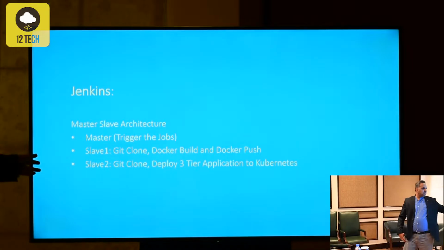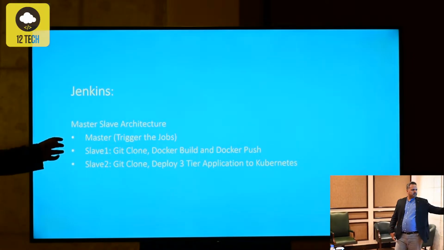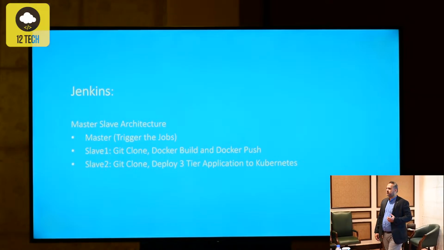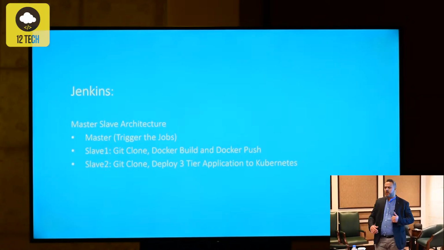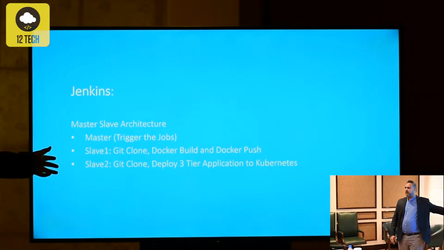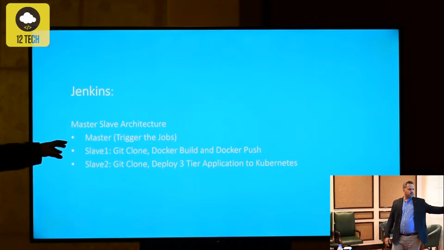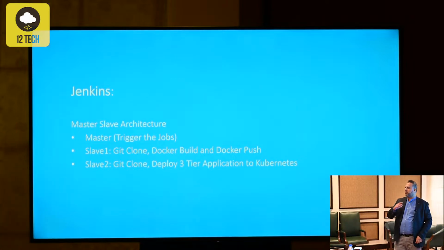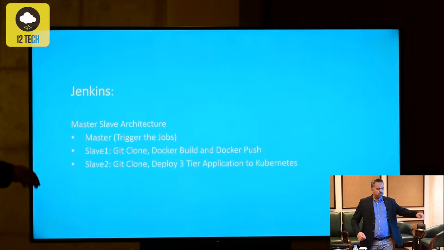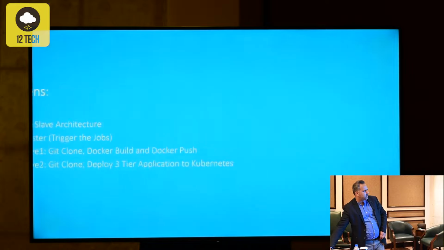I have 2 slave servers. One gets the data from Git, processes it, makes an image, and puts it to Docker Hub. The second gets the data from GitHub, processes it, and deploys to the Kubernetes cluster. This is going to happen next.